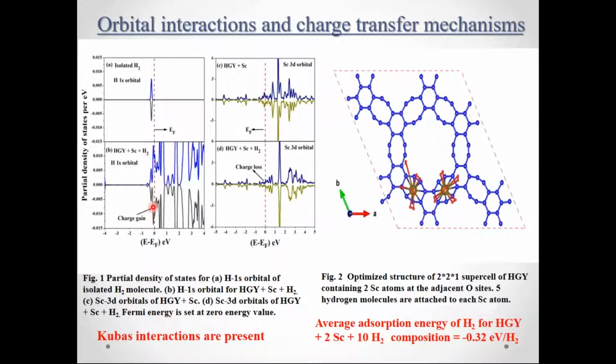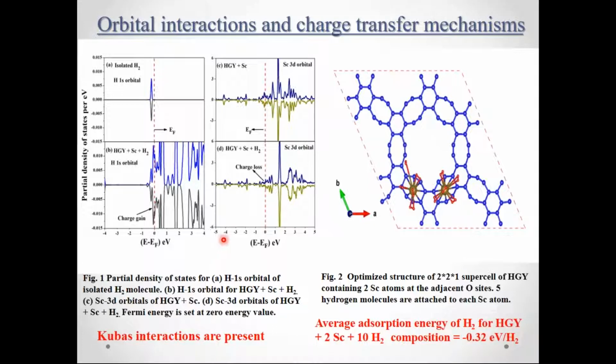From the partial density of states, we have found that some charge has been transferred from the scandium 3d orbital to the hydrogen 1s orbital when the first hydrogen molecule is attached to the scandium decorated holey graphene structure. This charge transfer is basically responsible for the binding of hydrogen molecules. So hydrogen molecules are bound with the scandium atom by Kubas interaction in addition to electrostatic interaction.